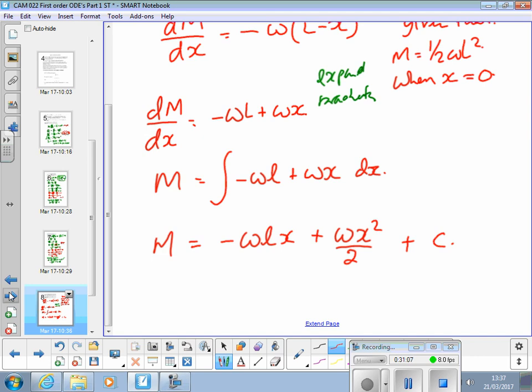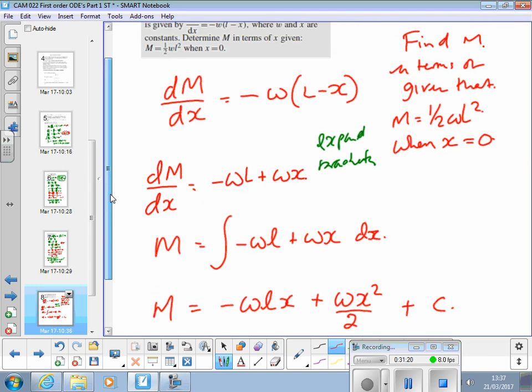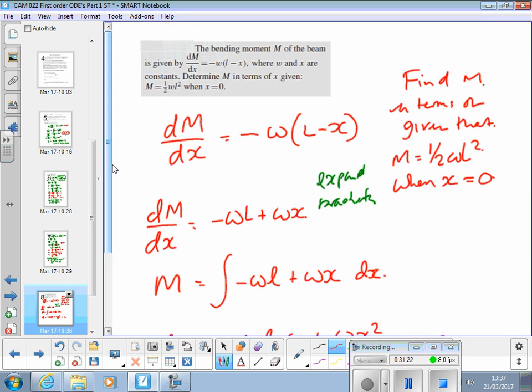It says M is equal to half omega L squared when x is 0. Those are the boundary conditions you've been given. Yeah, I think you're probably right.